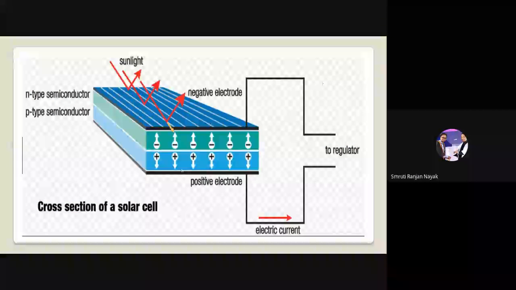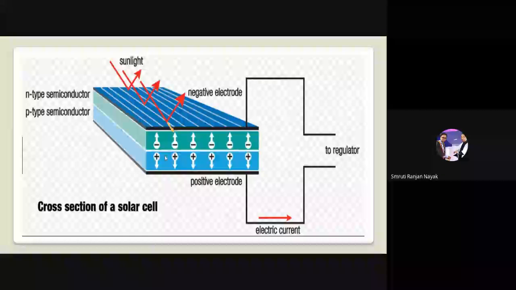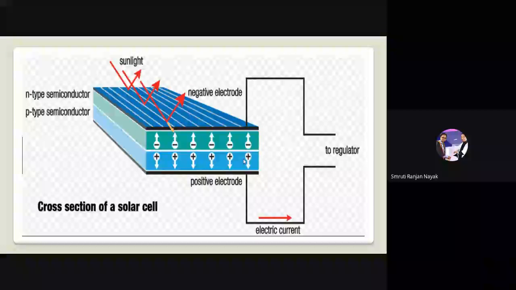Now then come to the point of the semiconductor. That means the upper side of the solar panel is the negative electrode, and the lower side is the positive electrode.